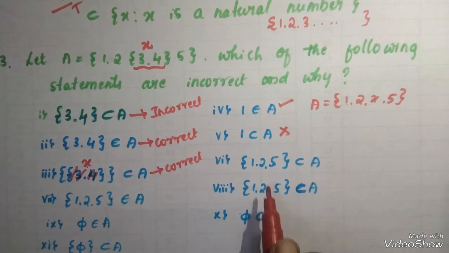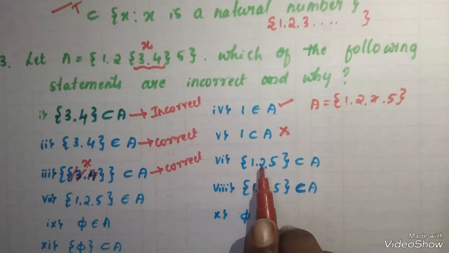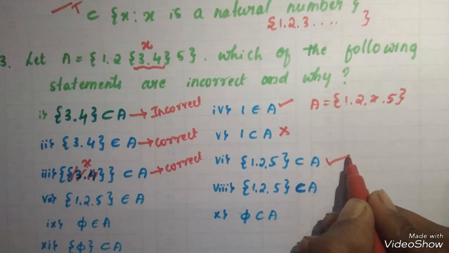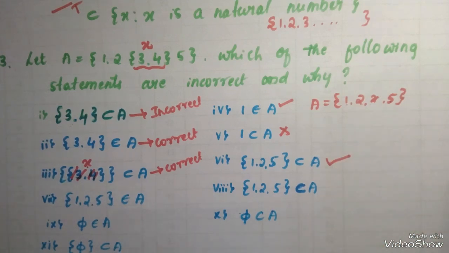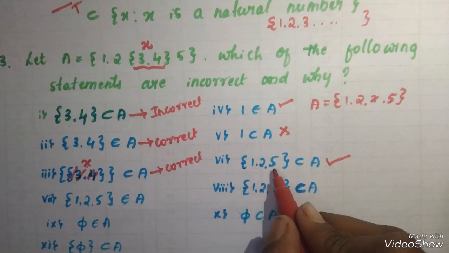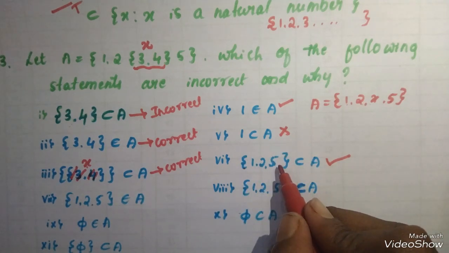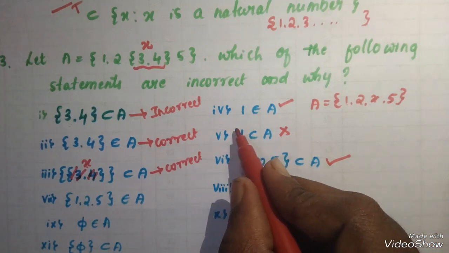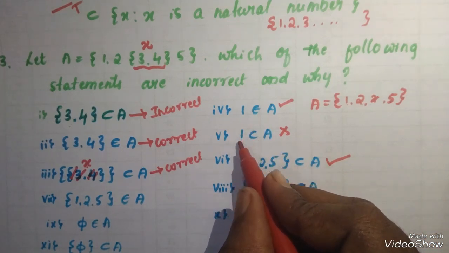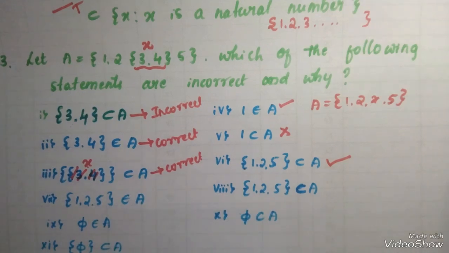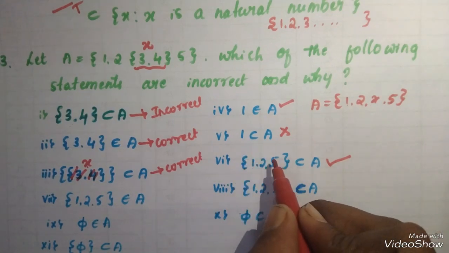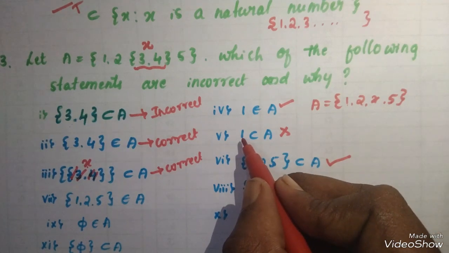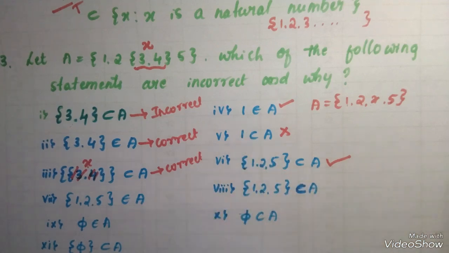Then question number 6: the set containing the elements 1, 2, 5 is a subset of A. {1, 2, 5}, yes, it is a subset. First we have to think: elements written in flower brackets means a set. Elements not written in flower brackets means an element. Is it clear?